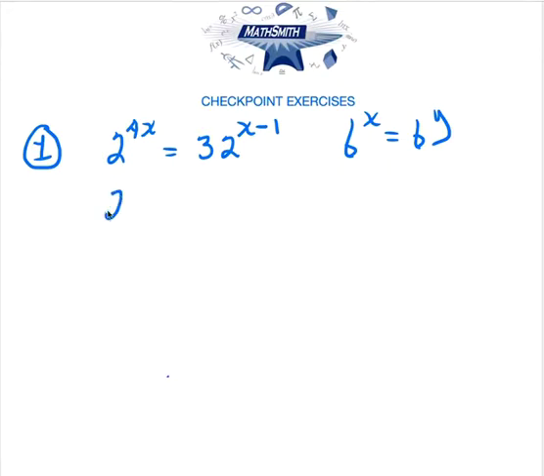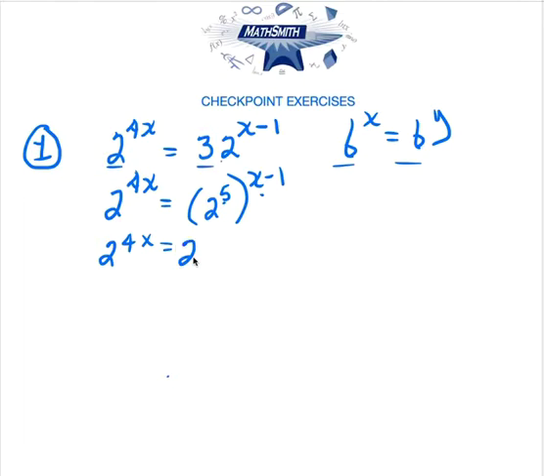All right, if you correctly surmised that you need to have these written with the same base to use this property, you'd be correct. And I know that I can write 32 as 2 to the 5th power, to the x minus 1. So now I'm going to be multiplying these exponents. So I get 2 to the 4x equals 2 to the 5x minus 5.